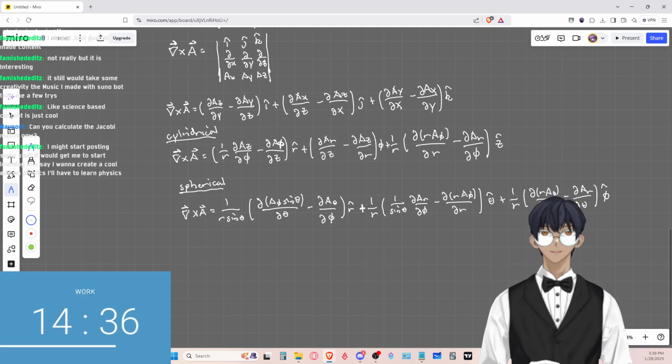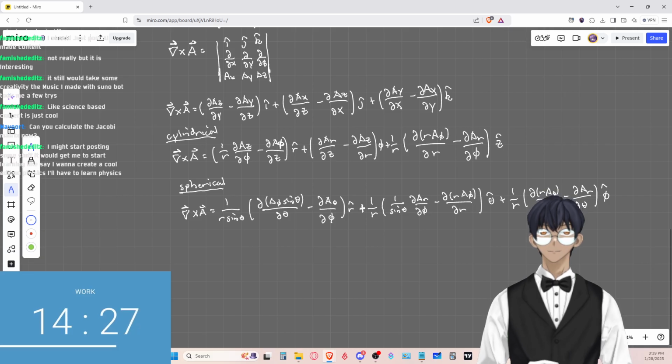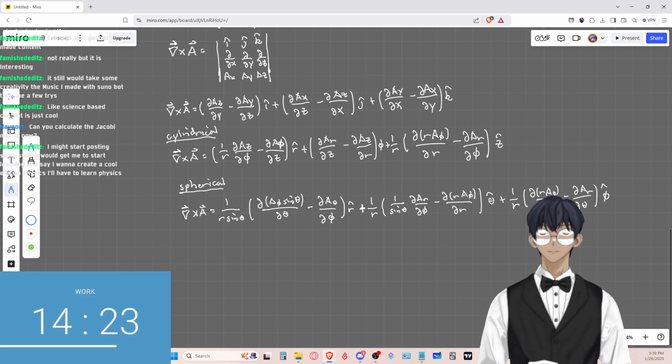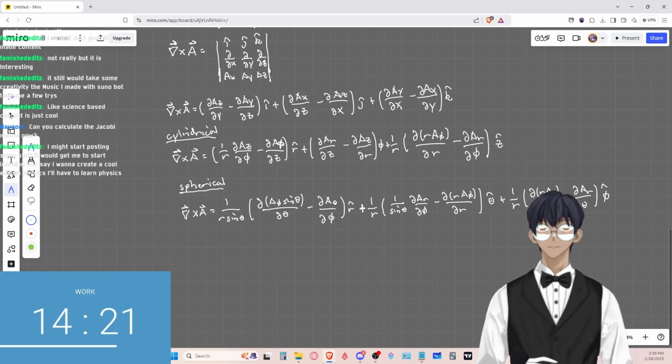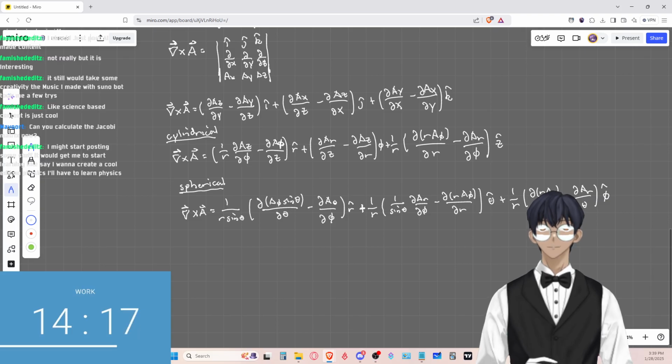A vector field decreasing as the square distance from the origin flows. Where is it? Oh, here we go.